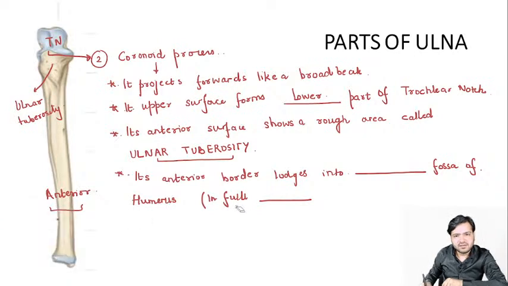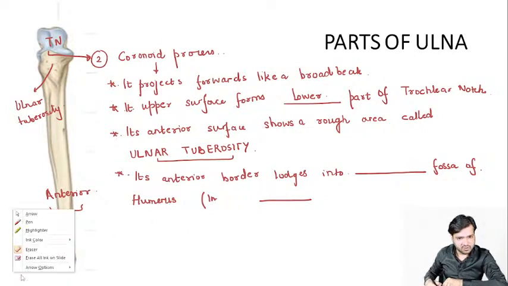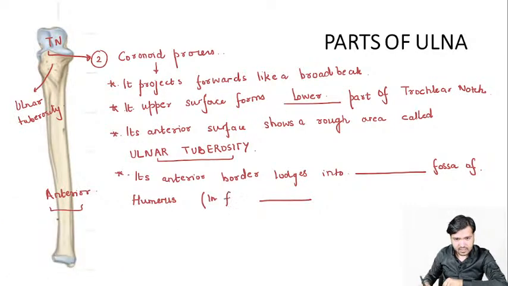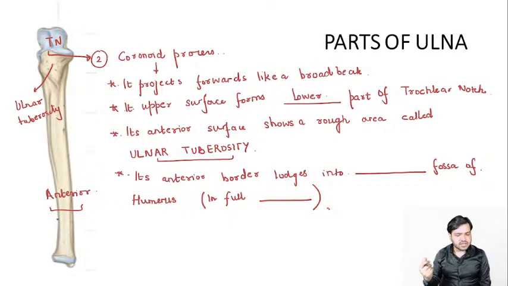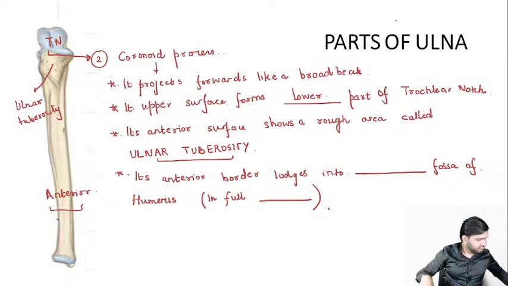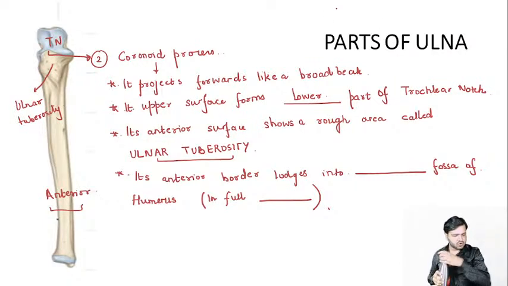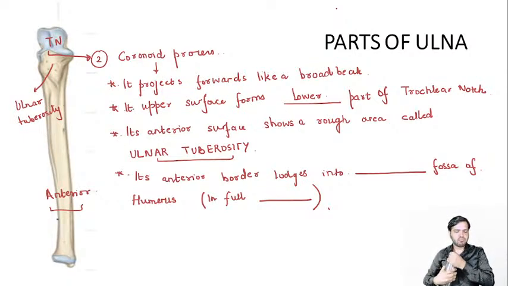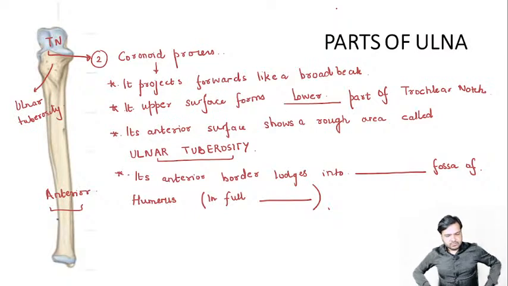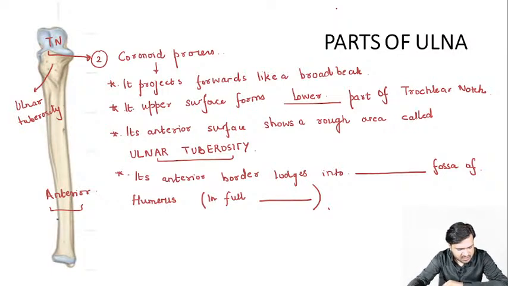I am waiting for your answers, everyone, in which fossa of the humerus bone does it lodge, and in which anatomical movement. Prikshit says coronoid fossa. Okay, what is the anatomical movement, Prikshit? Very good, Osama, Arvind, Ditya, Rimsha, very good.